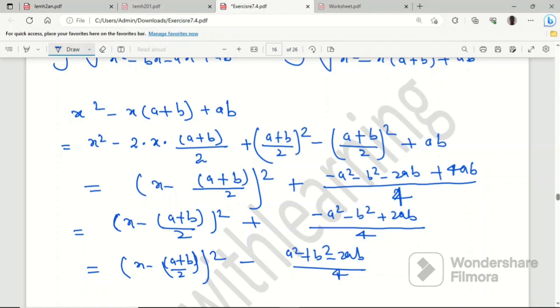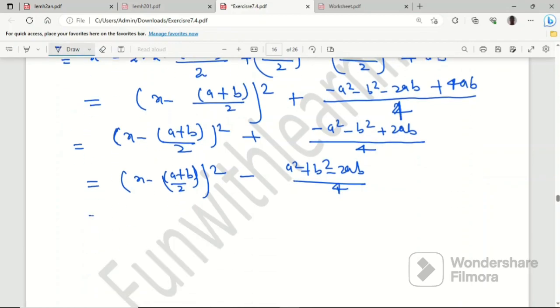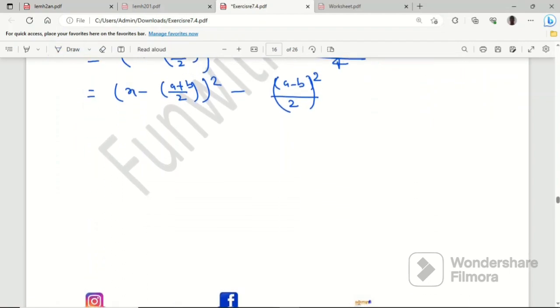Now I can write x minus (a plus b upon 2) whole square minus (a minus b) whole square upon 2. It will give me a squared plus b squared minus 2ab upon 2. I can directly write the whole square. So now it is our required expression. So our integration was under root.